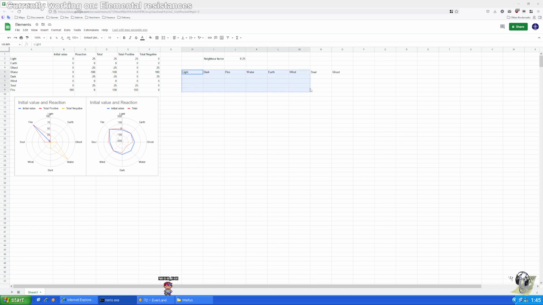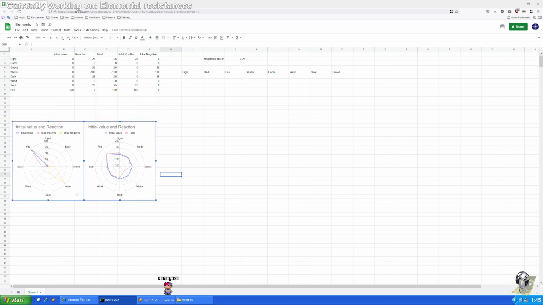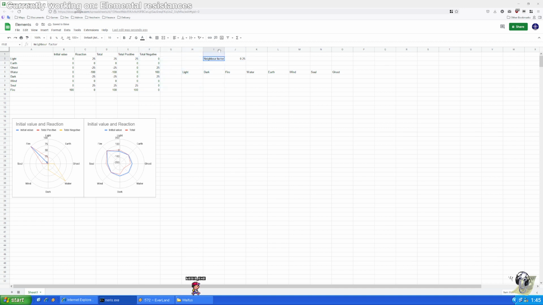So this is gonna be our resultant table. Let's move these two a little bit. Move this to here. Yeah. And this a little bit here. This is gonna be merged, centered, results.